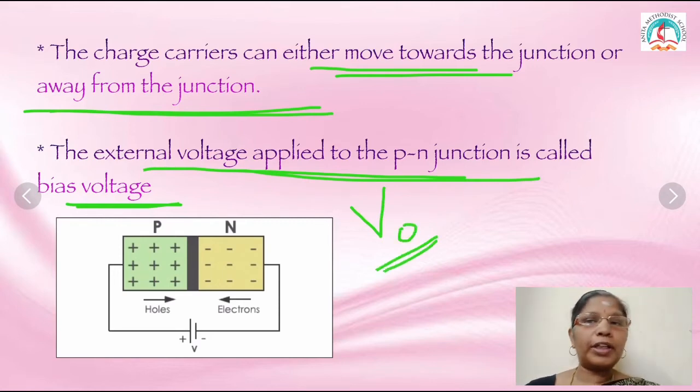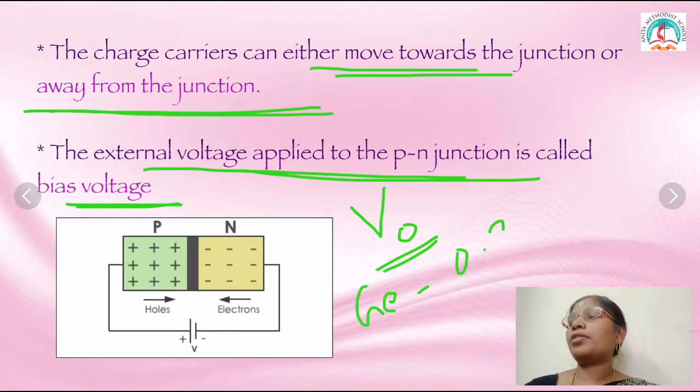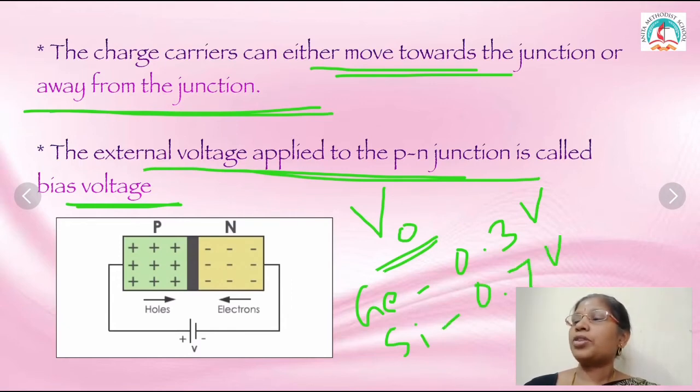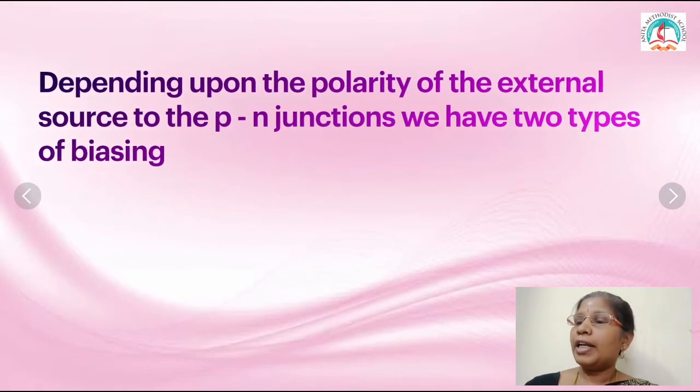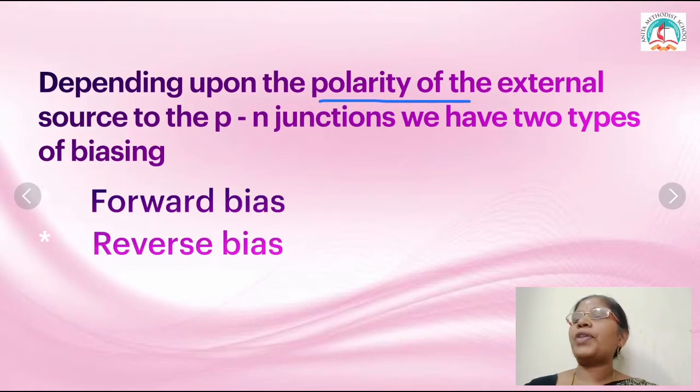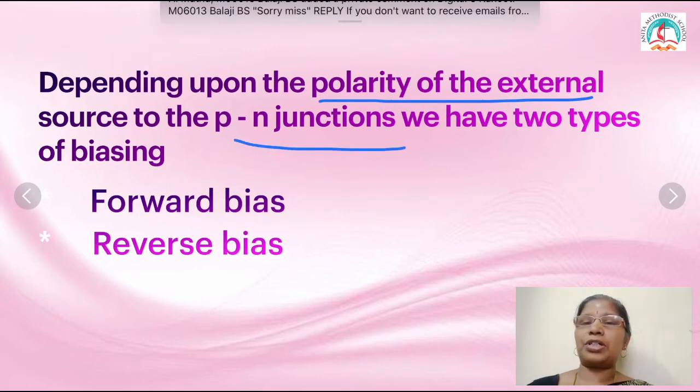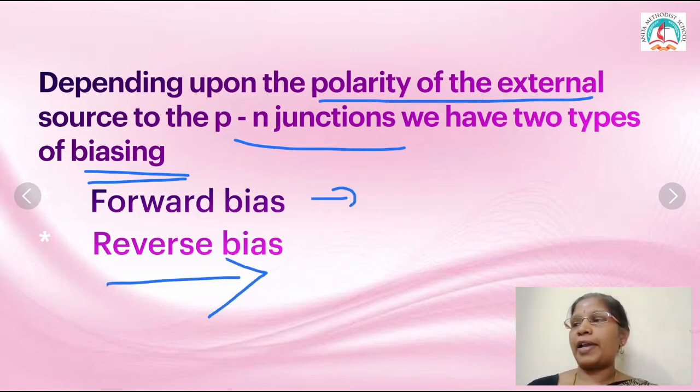The threshold voltage for germanium is 0.3 volt, and for silicon it is 0.7 volt. Depending upon the polarity of the external source connected to the PN junction, biasing is divided into two: forward bias and reverse bias.